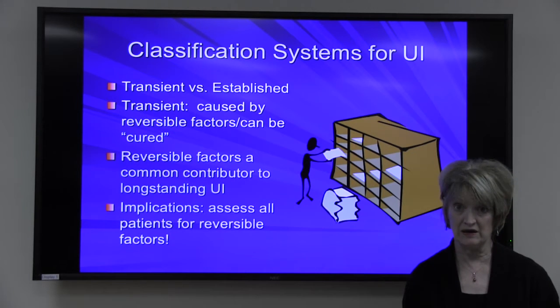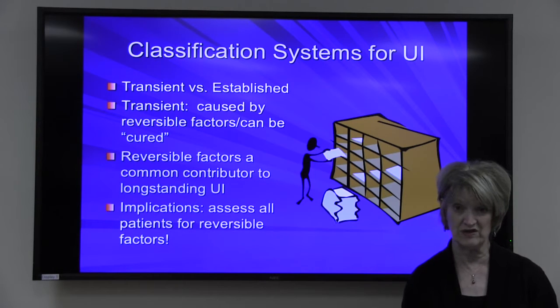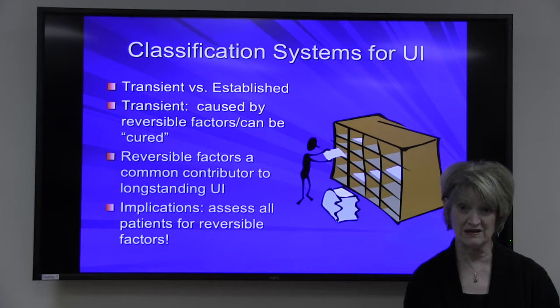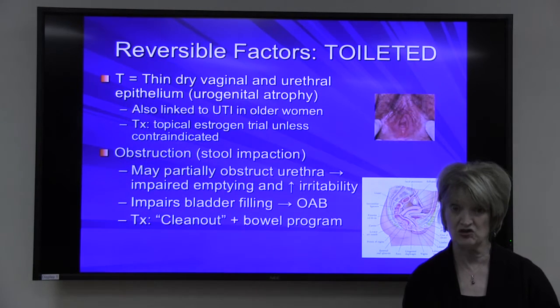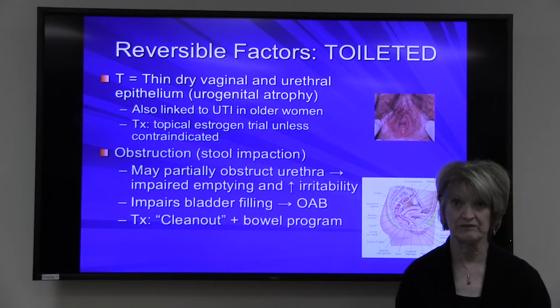So the bottom line implication for us as nurses is whether we're dealing with a patient who has new onset incontinence or a patient with established incontinence, we should always begin by assessing for and correcting any reversible factors. Many times that makes a huge difference, even if it doesn't solve the problem in its entirety.